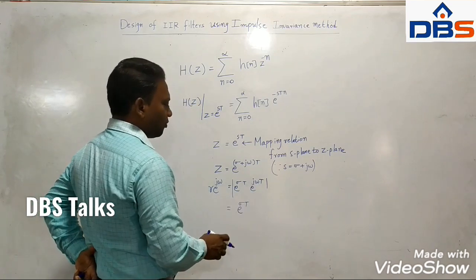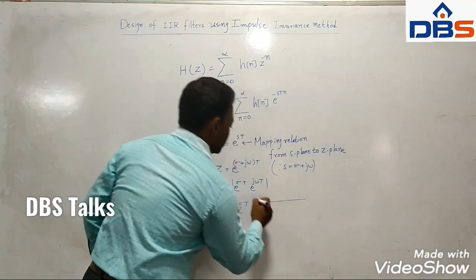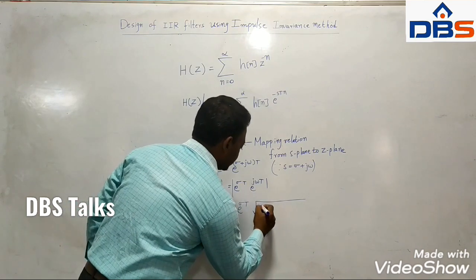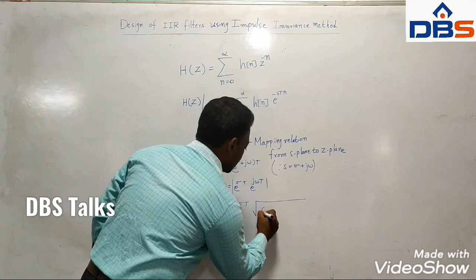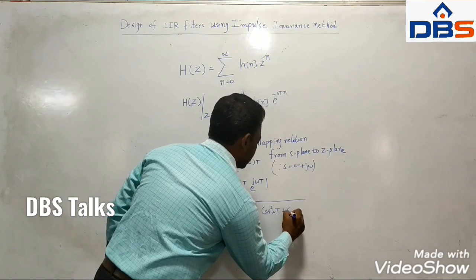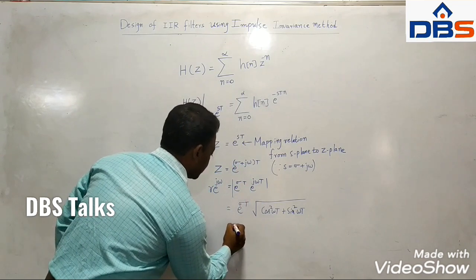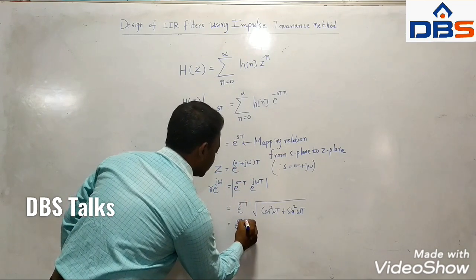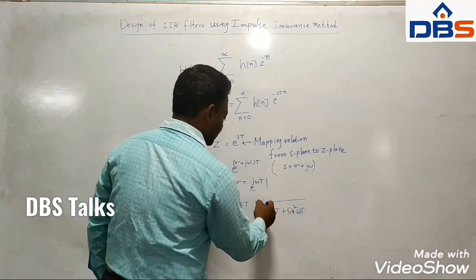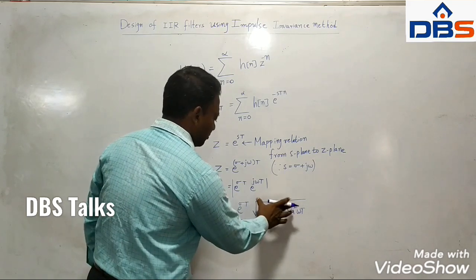The magnitude of e power j theta, written as cos theta plus j sin theta, is the square root of cos square omega t plus sin square omega t, and this entire term becomes 1.